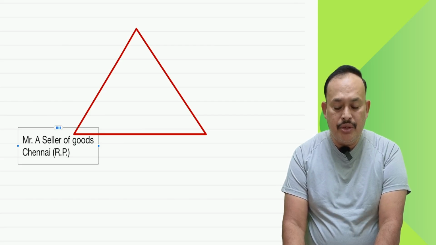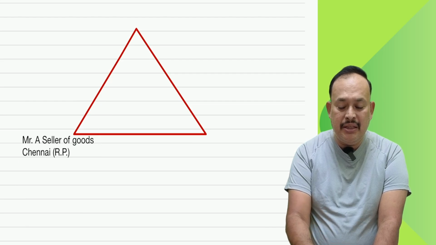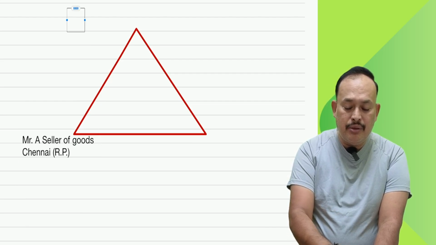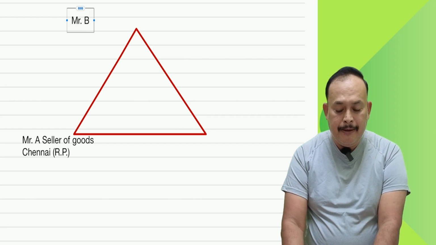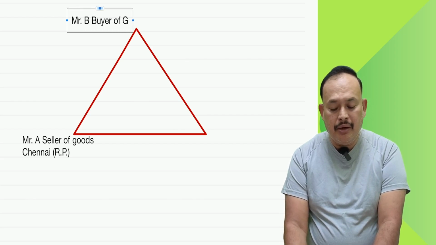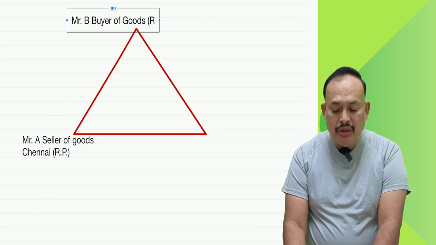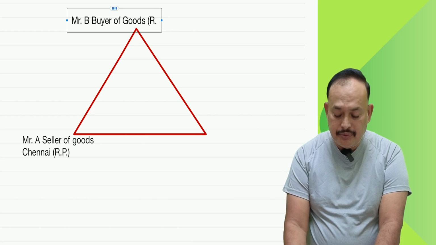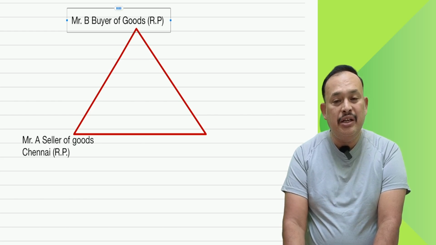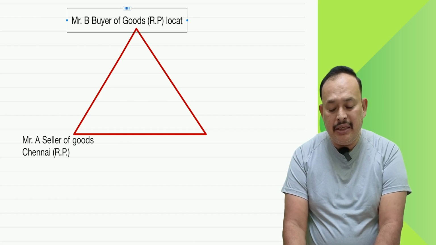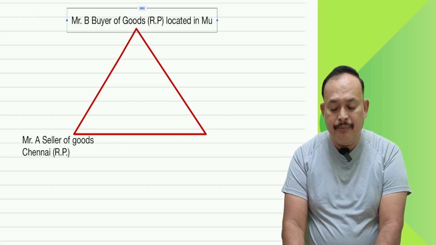Who is the buyer of the goods here? Let us say the buyer is Mr. B, who is also a registered person (RP), located in Mumbai.